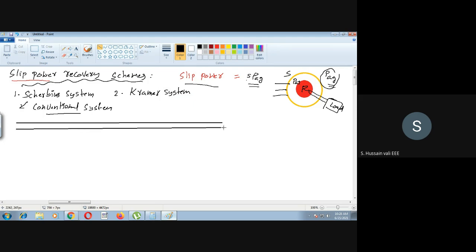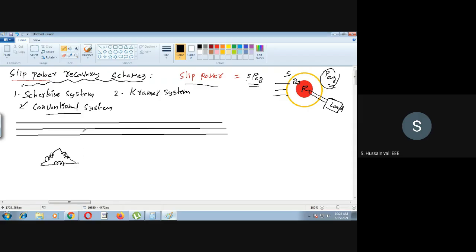So this is the three-phase supply. Then the stator is there. Assume that it is connected in delta.